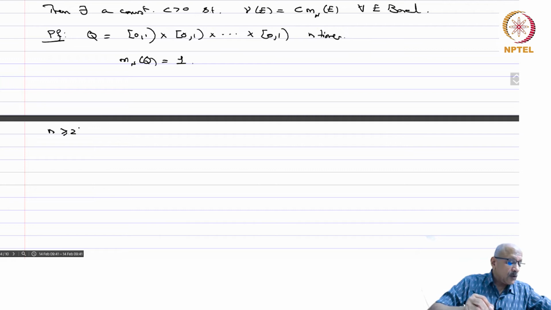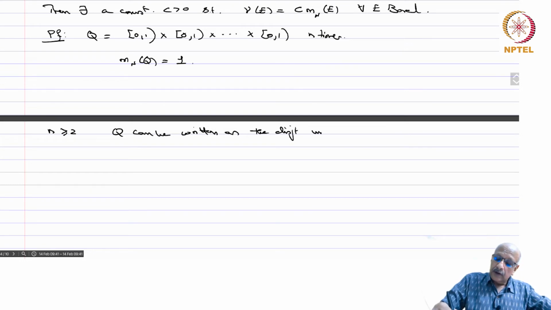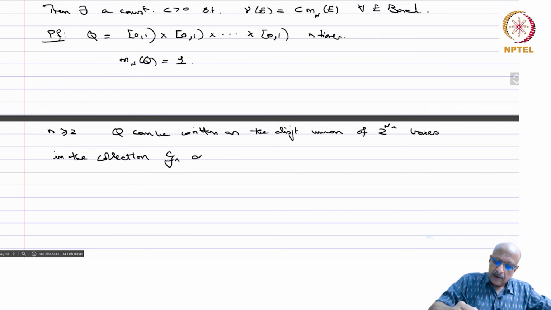So for n at least 2, Q can be written as the disjoint union of 2 power n times n boxes in the collection Gn described earlier.